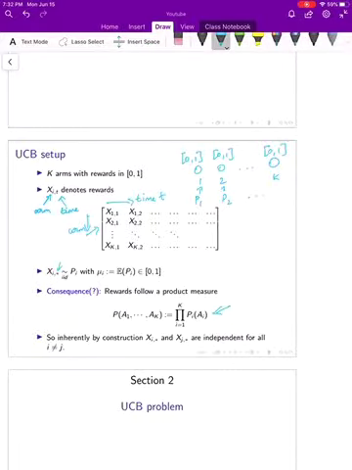So by construction, all arms' rewards are independent. So yeah, this is the setup.